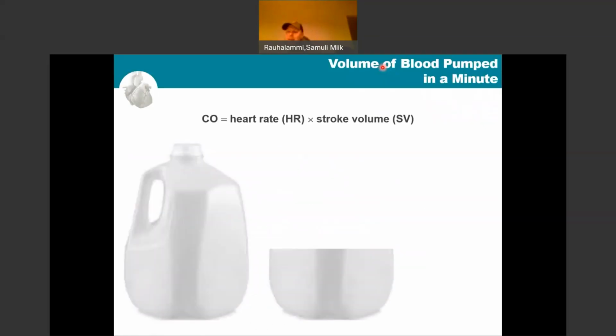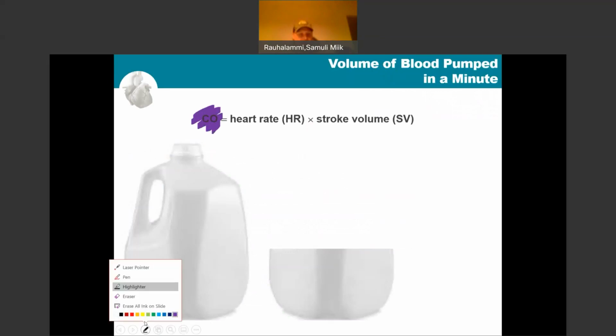And the final thing that I wanted to talk about in terms of the physiology is looking at the amount of blood that leaves the heart at one time. So the volume of blood that leaves the heart in a minute is known as cardiac output. And cardiac output is really a result of two factors.